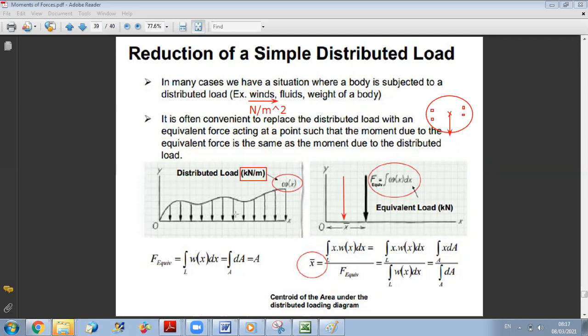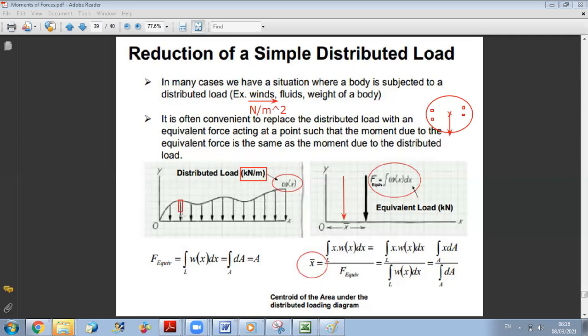And I want to find first the total force due to this distributed load. Okay? So first, as you can see, since this distributed load is per unit length, to obtain the force, we should multiply by a length. But because W is changing with X here, what we should do, we should divide this load into small parts, very small parts.